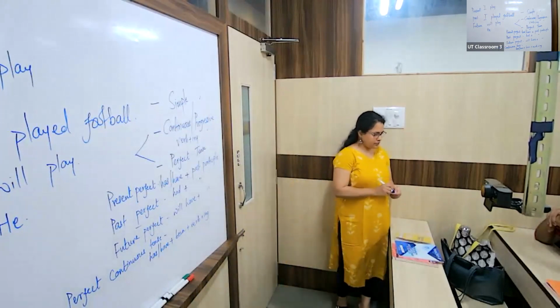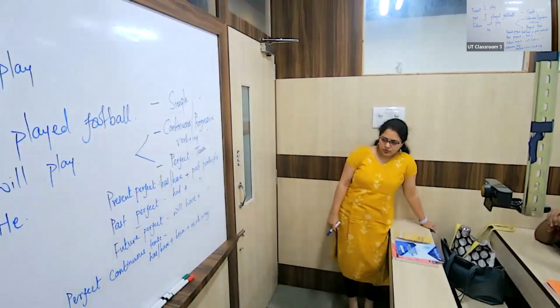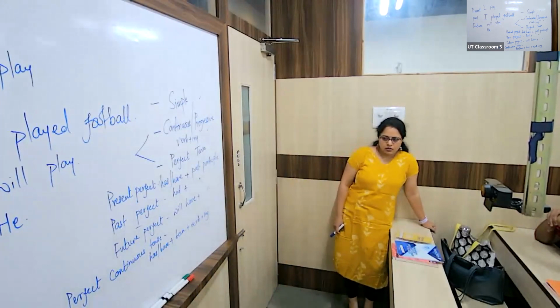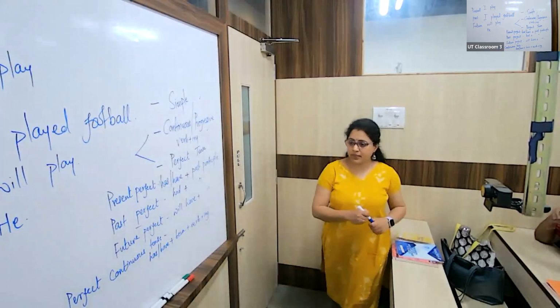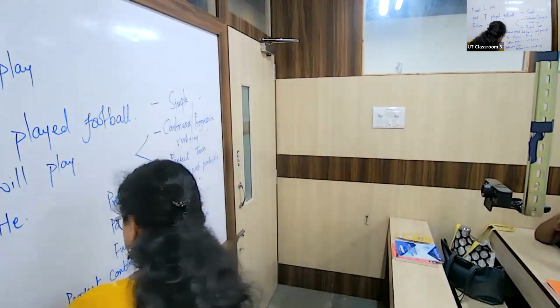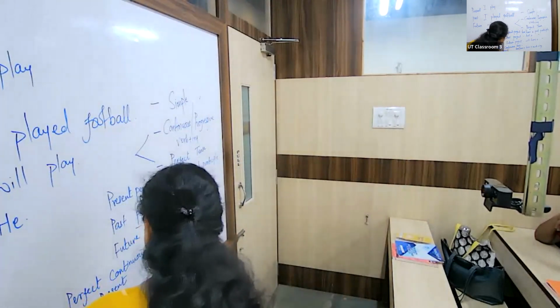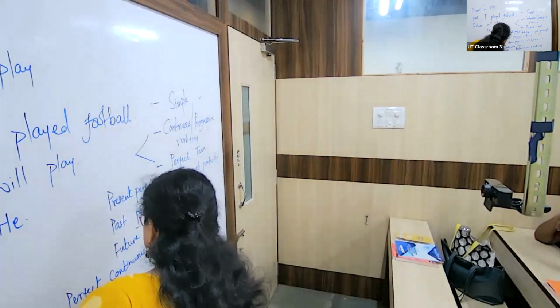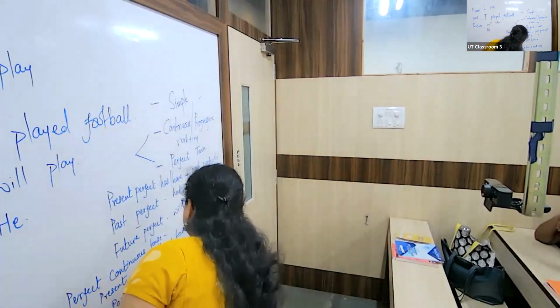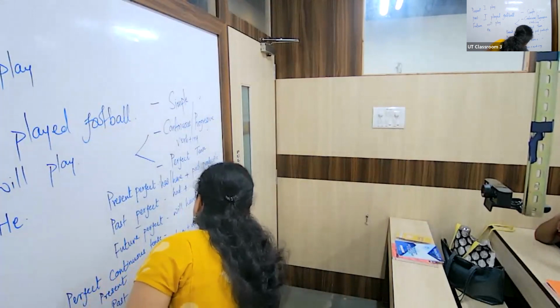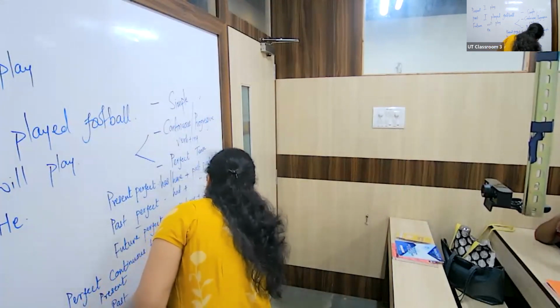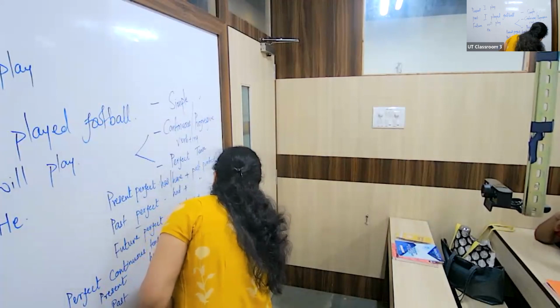Perfect continuous tense. We will have more to know. Has been and have been, so this will be present perfect continuous. Past perfect continuous would be had plus been plus verb plus ing.